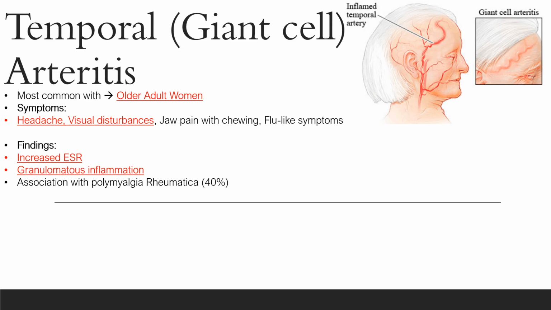If you see that, that could be a tip-off that it's temporal arteritis and not the other ones. The treatment for this is going to be corticosteroids, and you'll see that corticosteroids are a treatment for a lot of these vasculitis conditions.